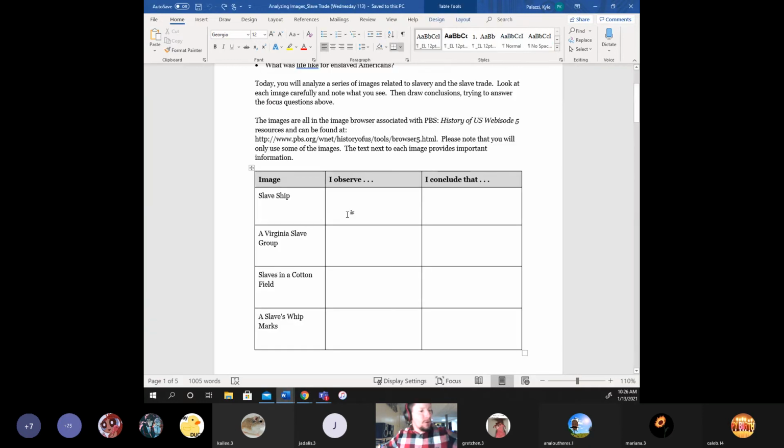So in our graphic organizer, we are going to type in our observations. We observe that the ships could fit a lot of people on them. Let's see, what else did we say? Different sections of the boat or ship.